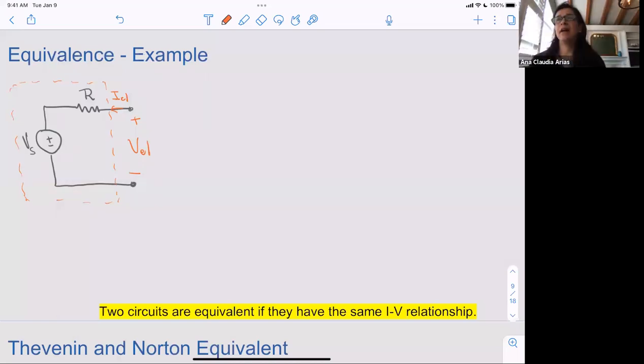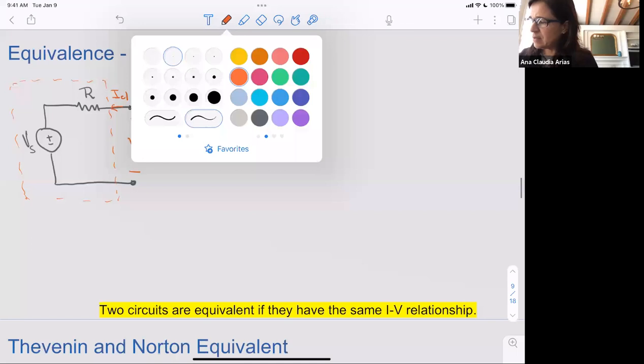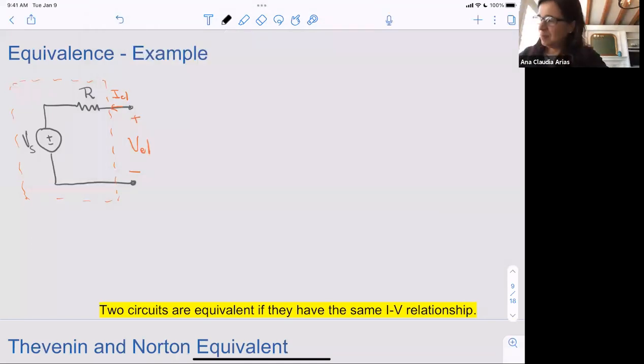Yep. I have Vs over R, question mark. I element equals 0, V element equals Vs. Could be. Oh, I have no idea. That's also a valid question, and that's why you come to class, because if I am asking, high probability I will give you the answer.